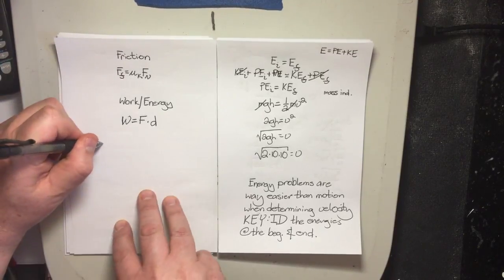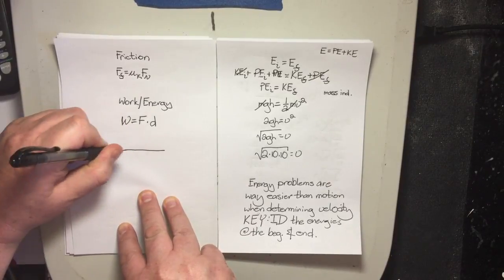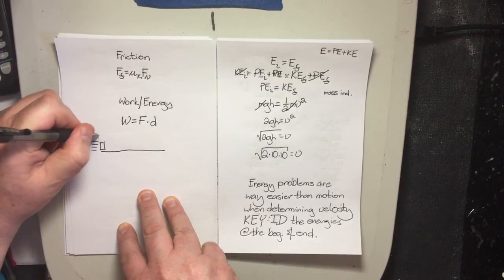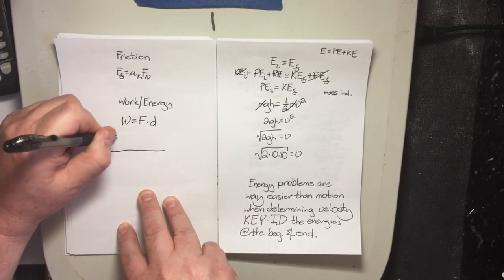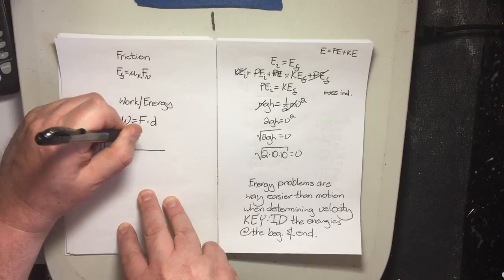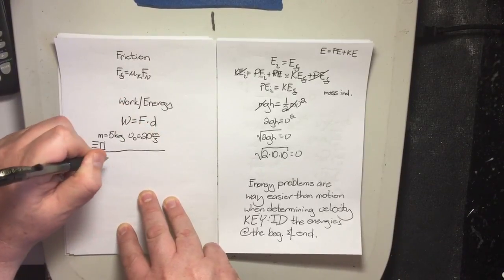In this, we're going to deal with the problem of a mass, which is 5 kilograms, is initially moving with a velocity of 20 meters per second.